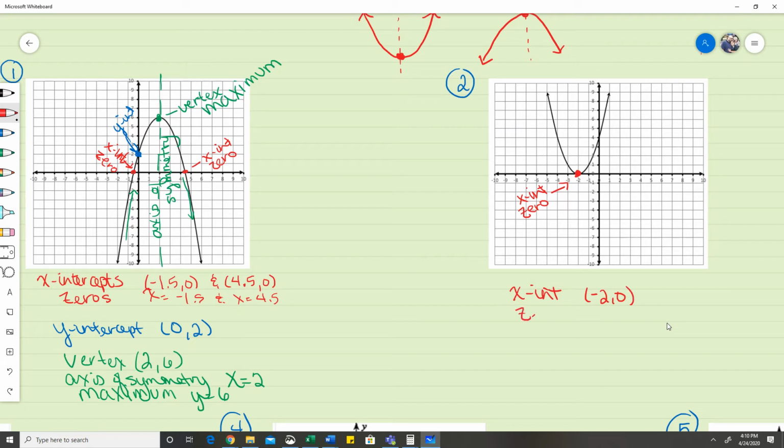The 0 is at x equals -2. Our y-intercept is going to be here at 0, 4.